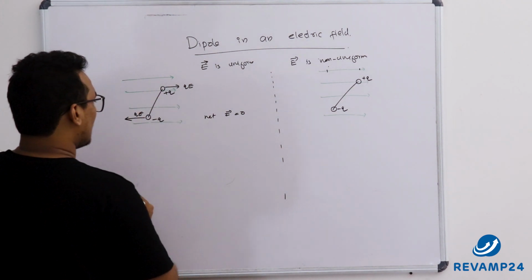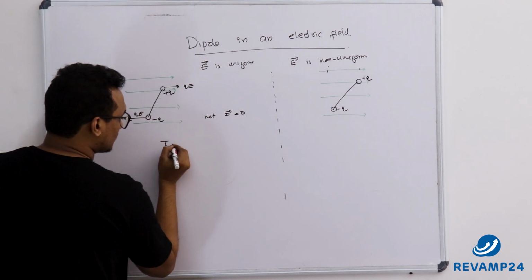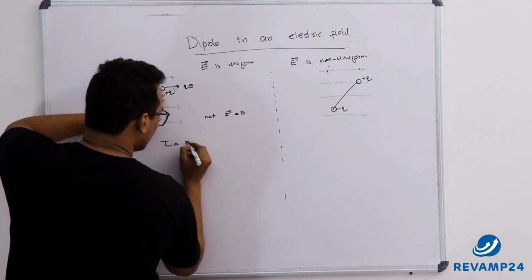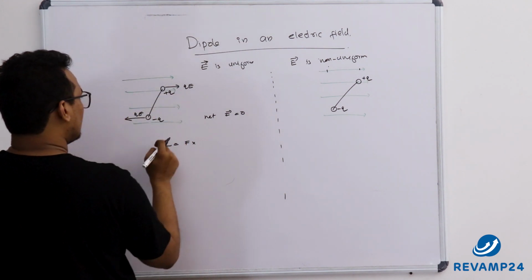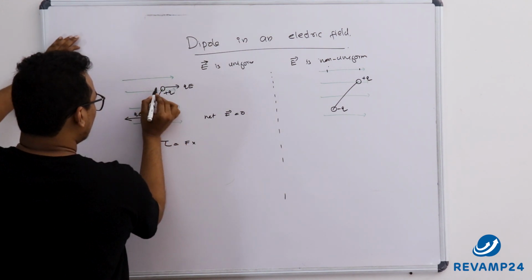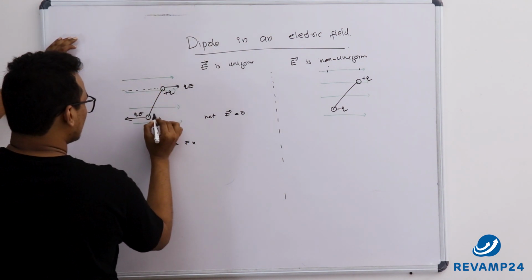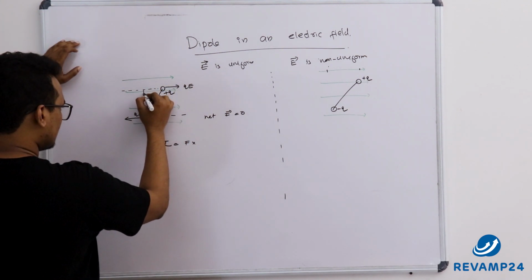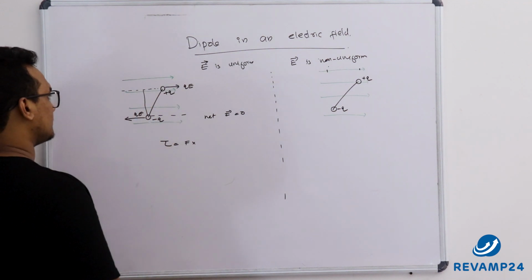And how do we get the value of the couple here? A couple is nothing but torque. Torque is any one of the forces, QE, into the perpendicular distance. We need the perpendicular distance between the lines of action of the forces. This is the line of action of both the forces, and we need this distance, the perpendicular distance.